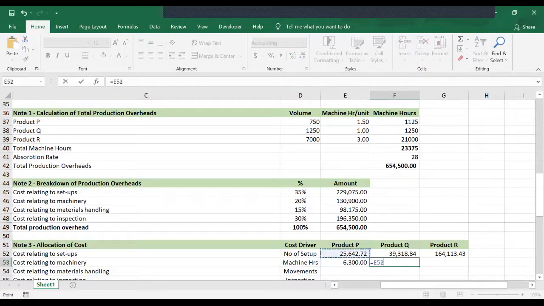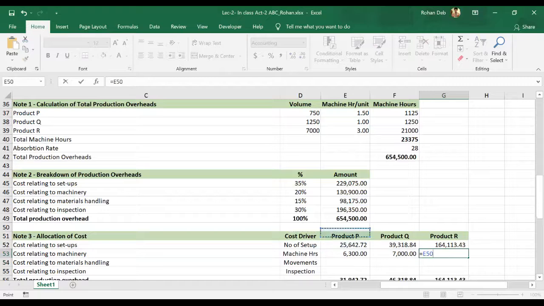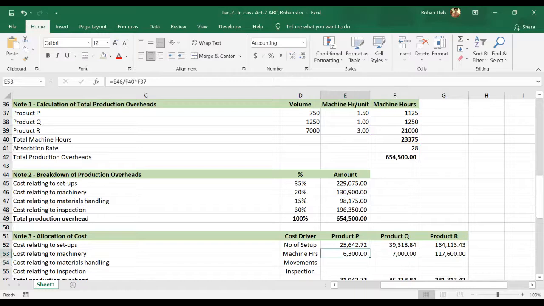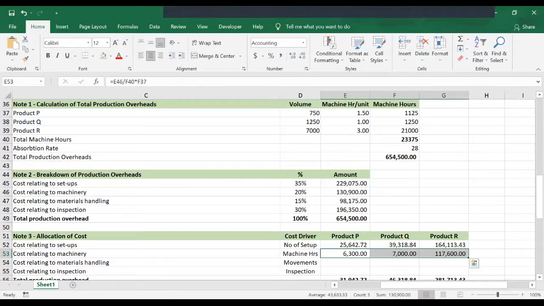I'll just quickly do these things so you can also try this on your own in the meantime, so that you get a grasp of how to calculate and use the Excel sheet, because you might have to do this Excel calculation during the test. Now you can see again the total is matching with 130,900, and this was 130,900.